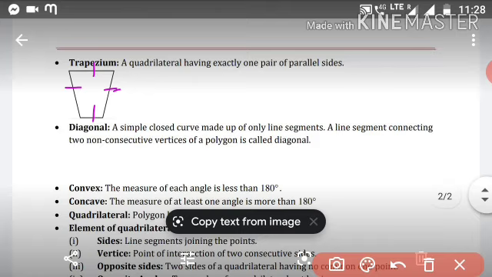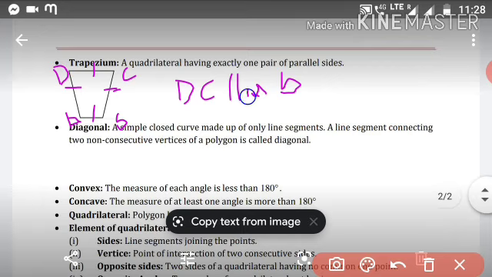Now which will be the parallel one? If I give names here, A, this is B, C, D, then what can we say? We can say DC will be parallel to AB. Okay, DC will be parallel to AB. Only DC, this line and this line are parallel. So we know what parallel is, isn't it?